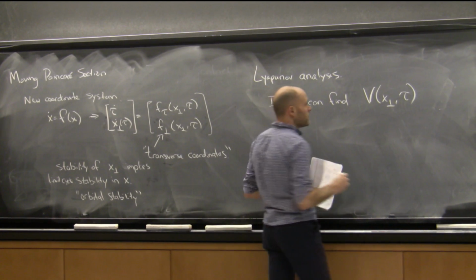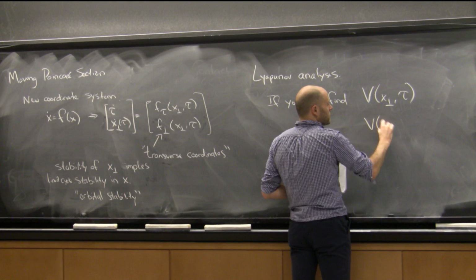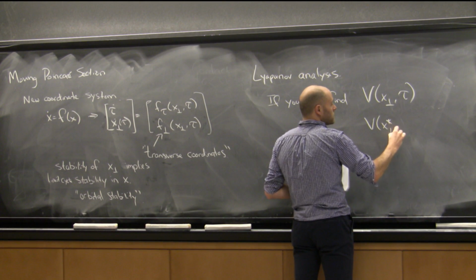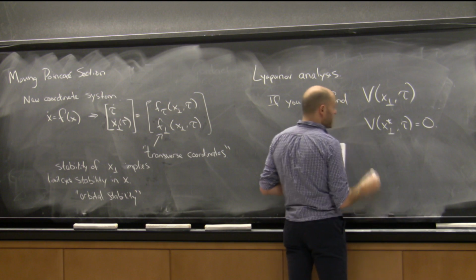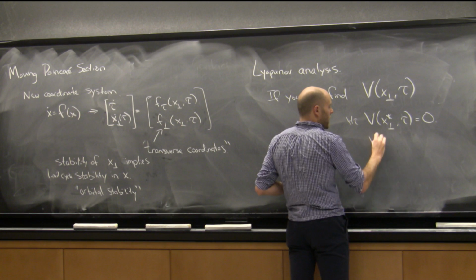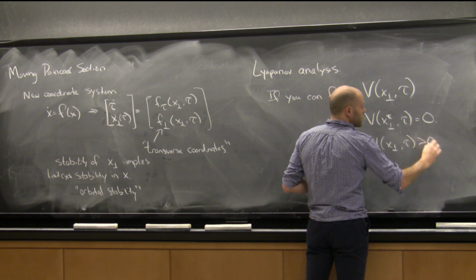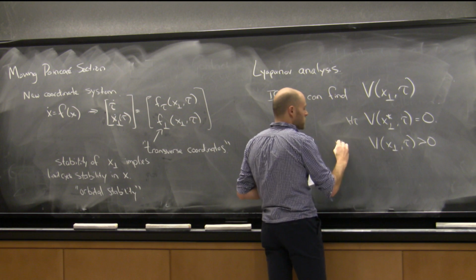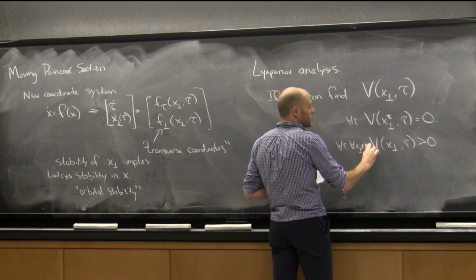That is, V of x star, tau equals 0 for all tau, and V of x perp, tau greater than 0 for all tau, for all x perp not equal to x perp star.